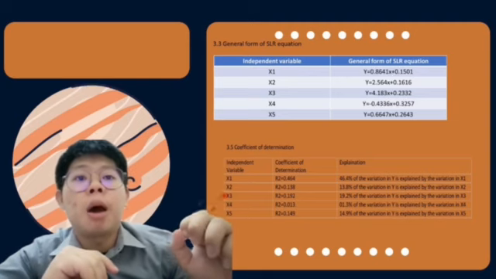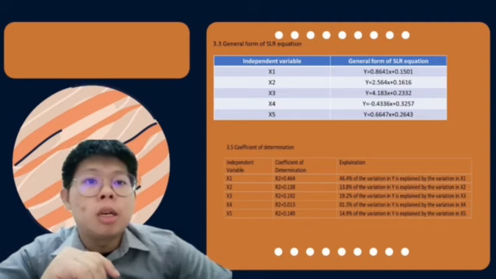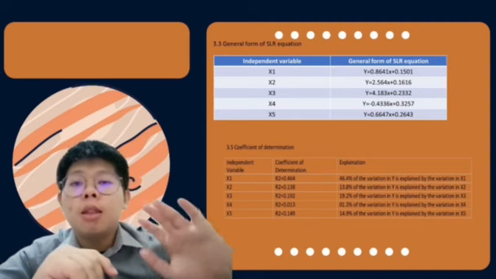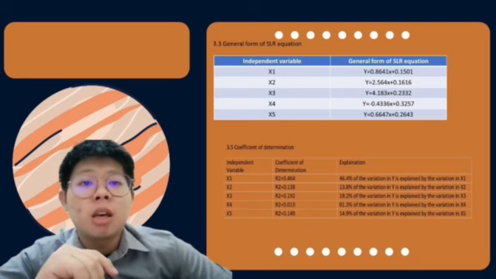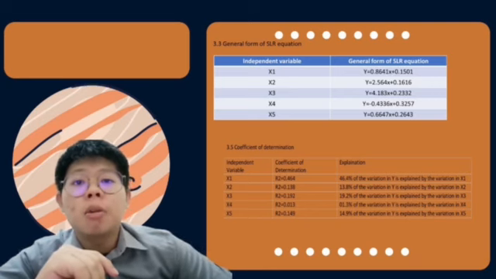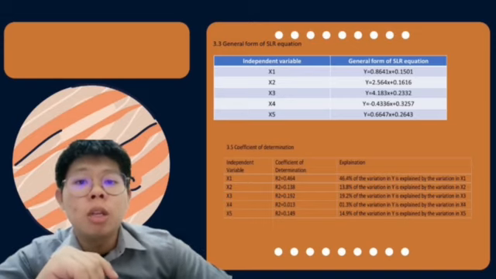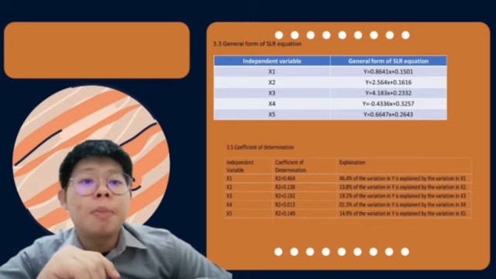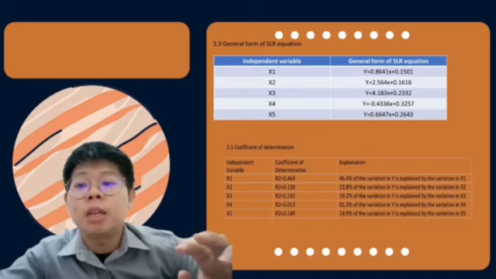We can know what y equals. We can see the table here. And last is the coefficient of determination, where our expectation is how many percent of the variable y is explained by the variable x.